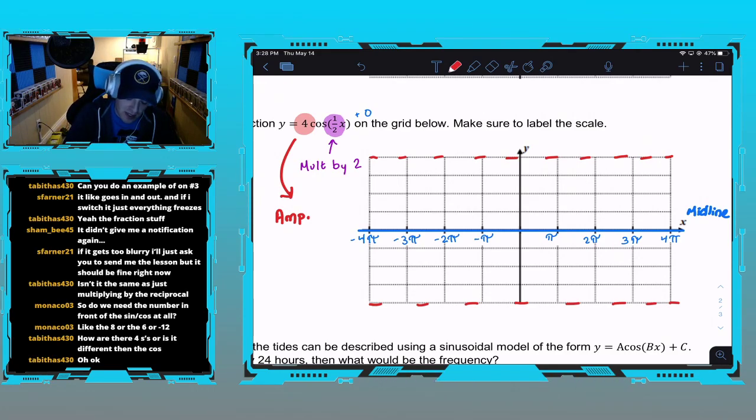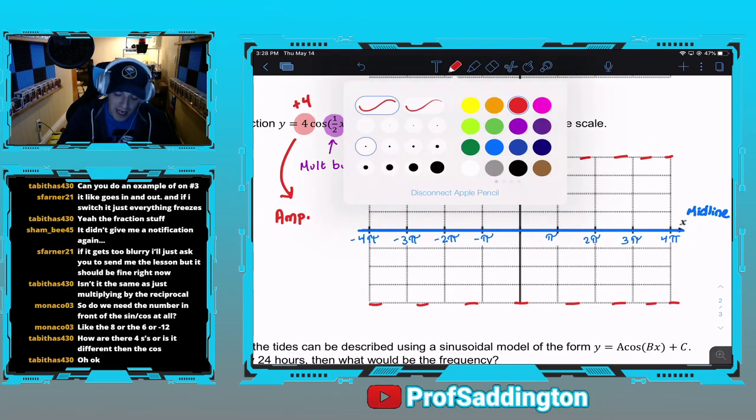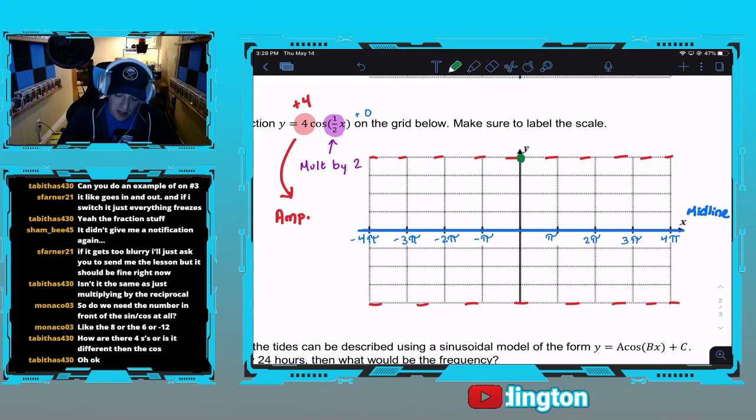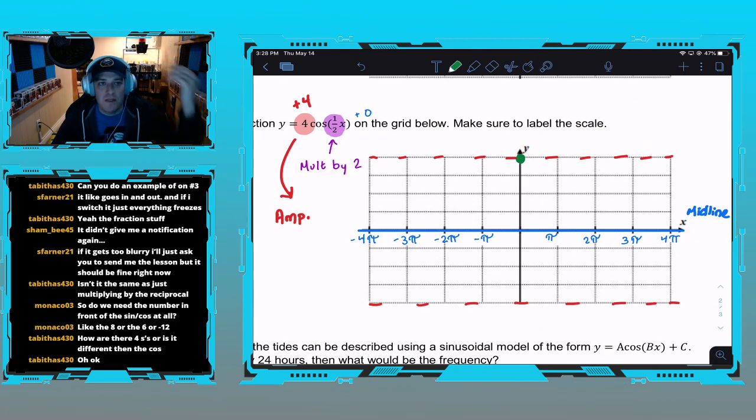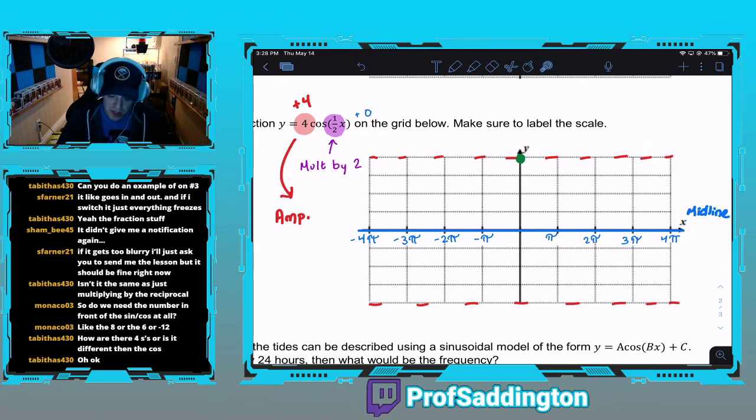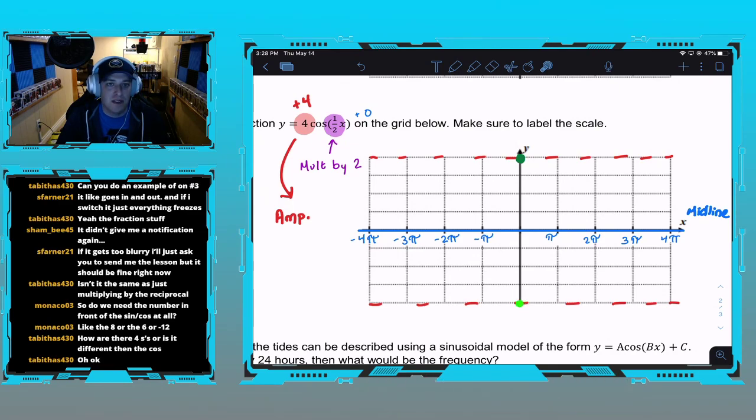So because this is a positive 4, it's telling us that we want to start at the positive portion of the range. So that means we want to start at the top of the function. If it was negative 4, then we would have started down here on the negative side. So sine will always start on the middle. Cosine will start either on the top or the bottom based on the sign of the problem.